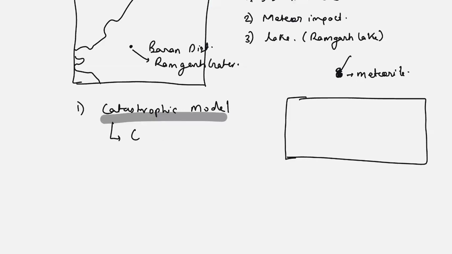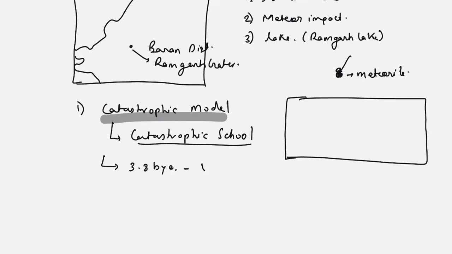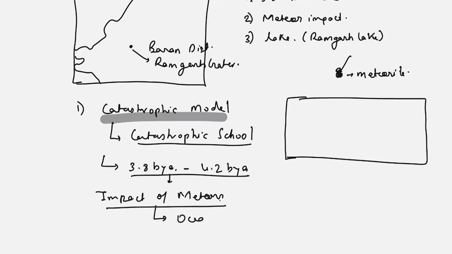When the Earth was in its initial phase, for example, 3.8 billion years ago to 4.2 billion years ago, during this stage there was very high impact of meteors, which also resulted in the formation of oceanic crust and continental nuclei.